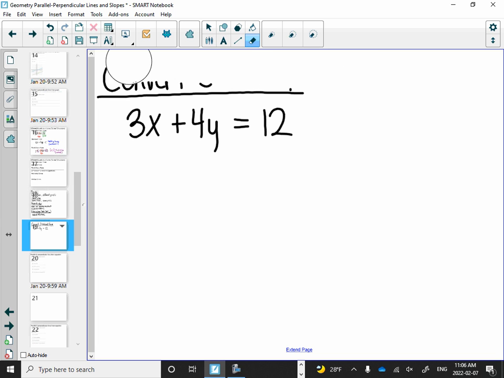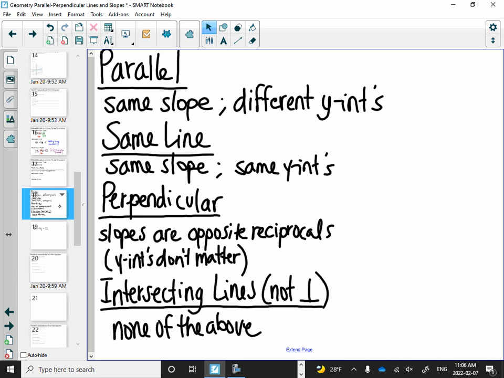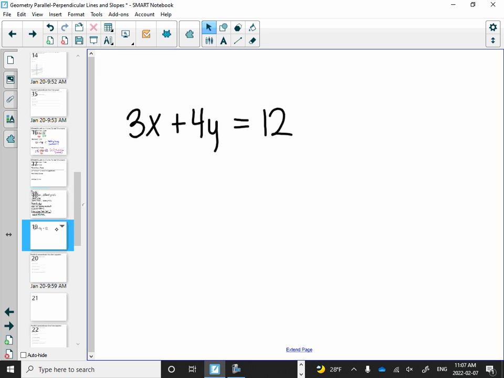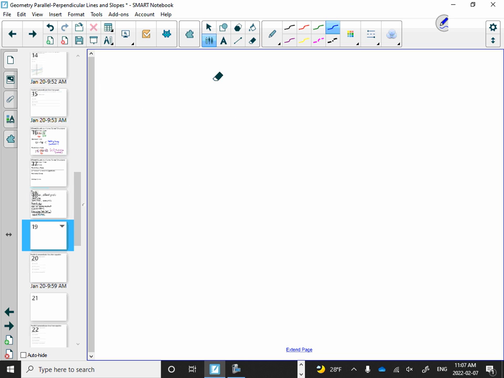Actually, let me show you this real quick. Actually, let me start up here. I've got an example. This is going to show us how to go from standard form to slope-intercept.